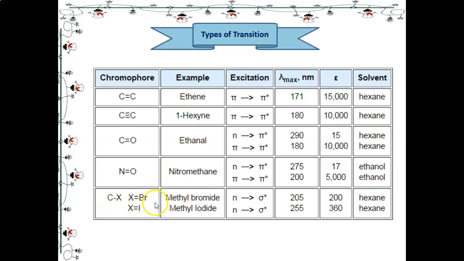And for C-X is a lone pair, which, remember, is a non-bonding orbital, n. Okay, n is for non-bonding orbital, a lone pair on, we can say, oxygen, nitrogen, or halogen. The maximum absorption, we can see the value of the maximum absorption for each chromophore here.